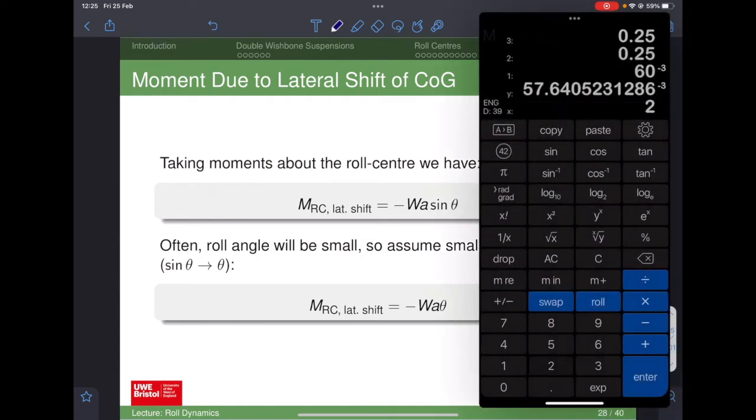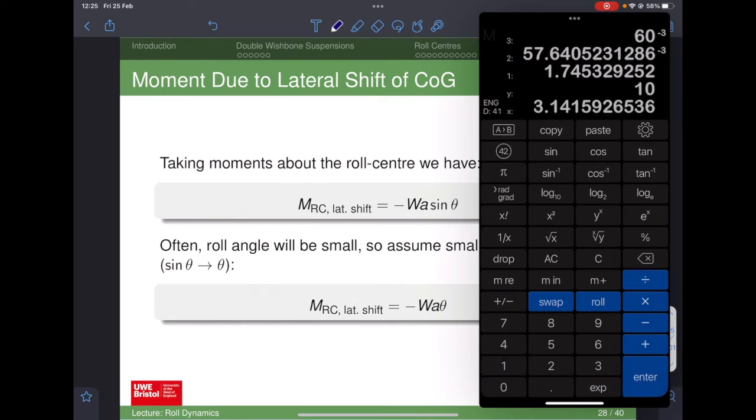If you took 20 degrees, let's go for 10 degrees. I'll convert it to radians, so I multiply it by pi and divide by 180, so it's 1.7. Is that right? No, that's not right. I've gone the wrong way. 10 degrees is 0.17 radians.